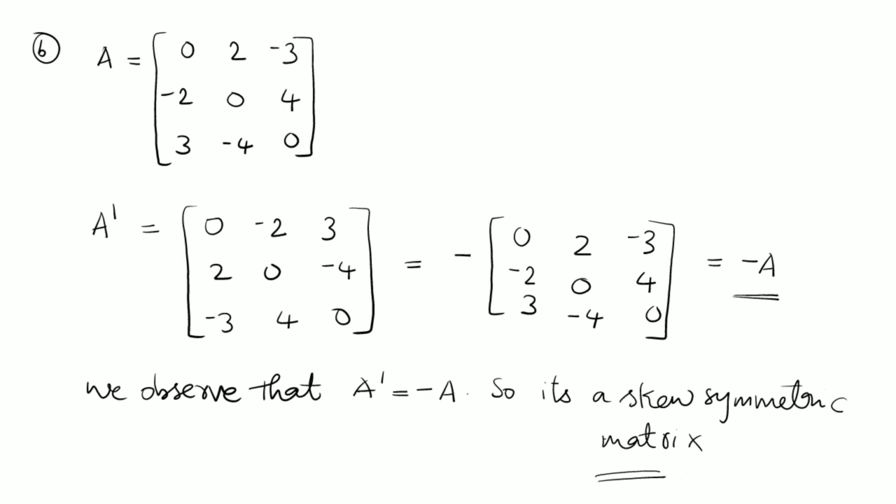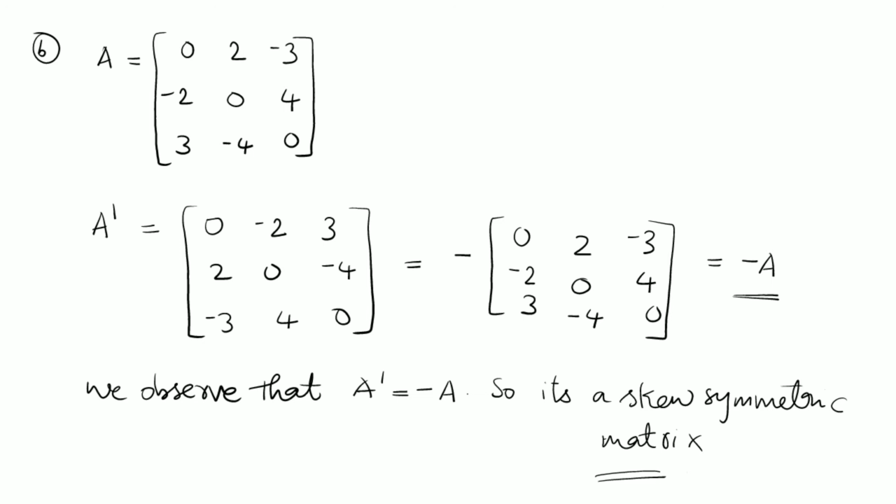You just have to write the question, and then after that please check A dash and minus A. See here, the negative sign is outside the bracket. 0 into minus is always 0 only, no sign is needed for 0, so it is 0. And negative of 2 is minus 2. Inside this square bracket there is minus 2, that is of A dash.